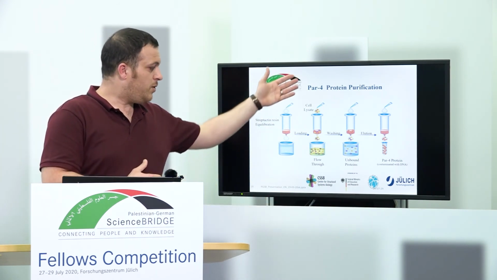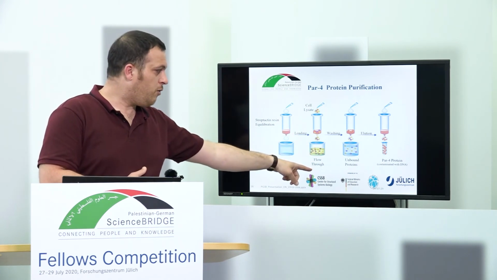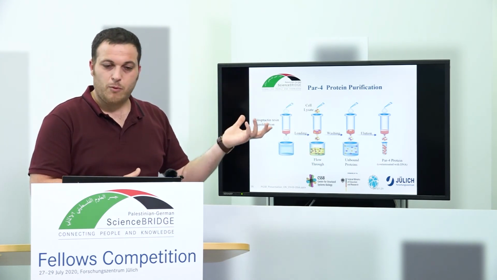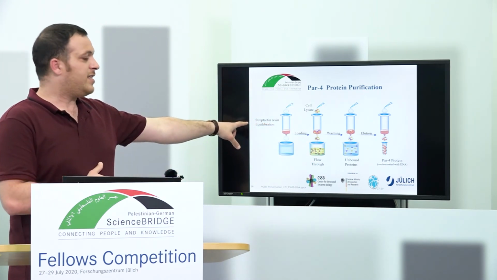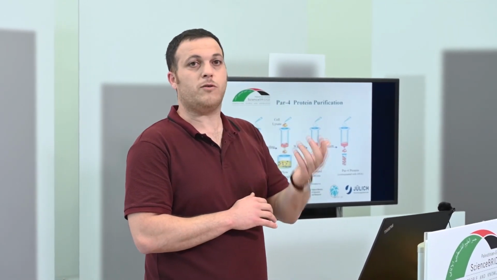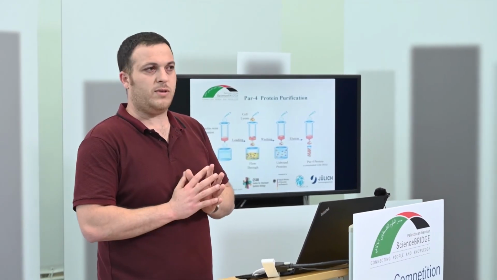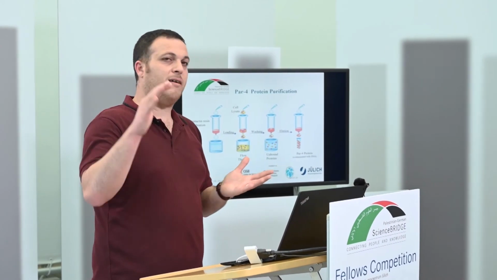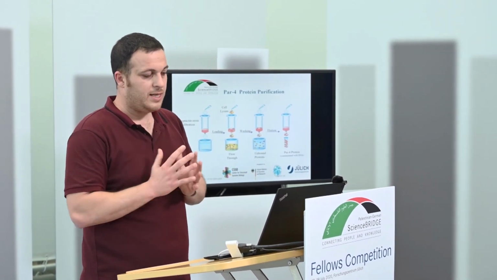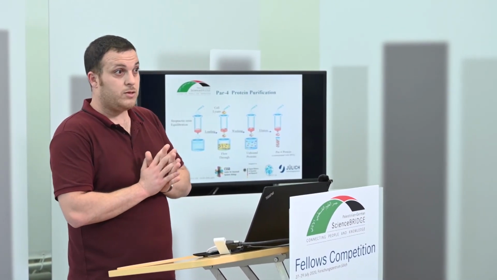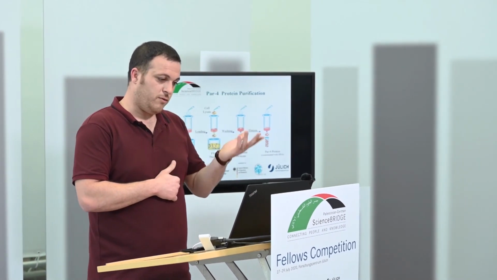The other proteins will be in the flow-through, and the target protein will bind to the Strep-Tactin resin. Then we do a washing step to remove any proteins that are not bound to the resin. After that, we elute the protein. We have different methods to elute the protein: we usually decrease the pH, or we also use desthiobiotin as a competitor to bind to the Strep-Tactin resin.